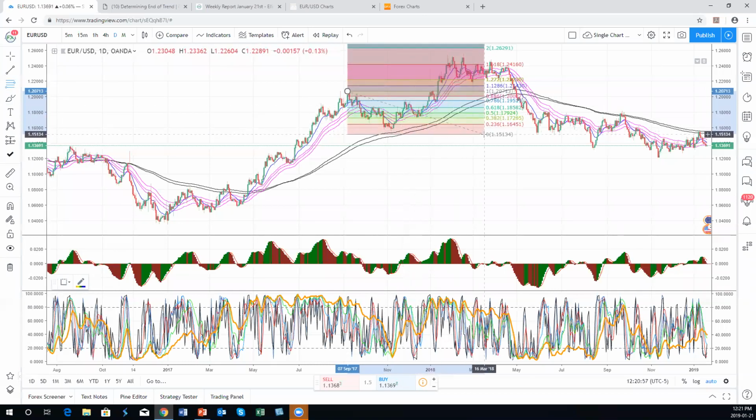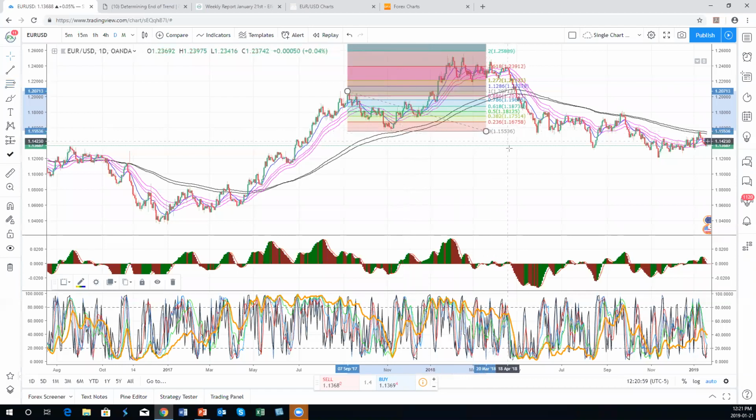Okay, and all I've done here is I've measured from wave 3 to wave 4, and it spits out wave 5 targets. This has gone up to 1.618 times. But 1.286 and 1.272 are sometimes common targets for the wave 5.